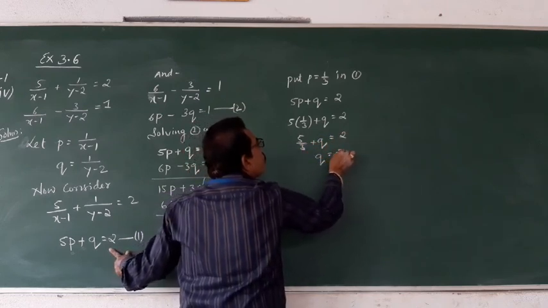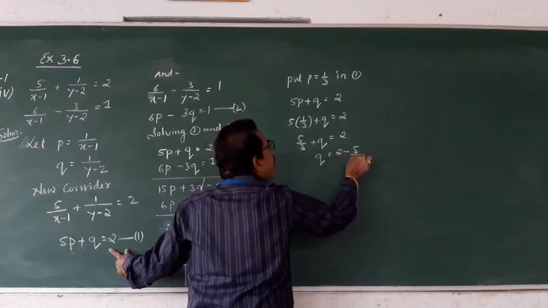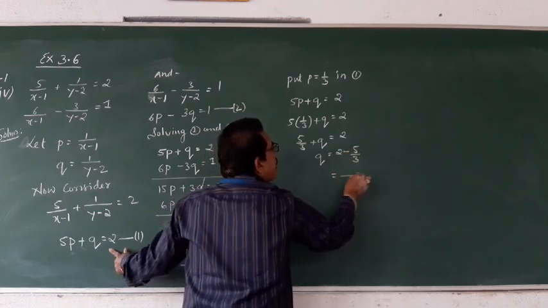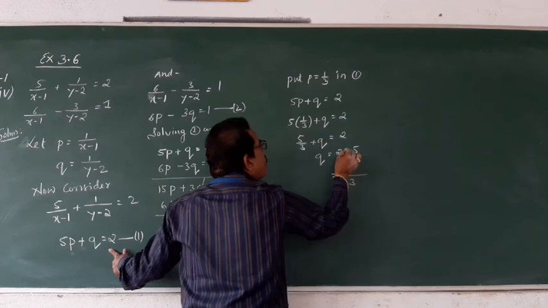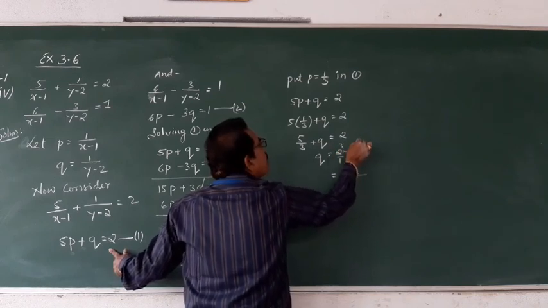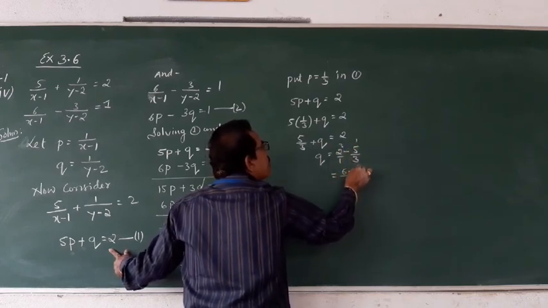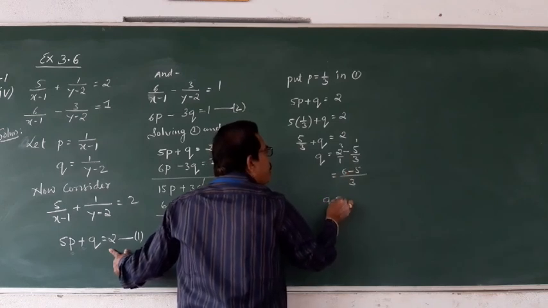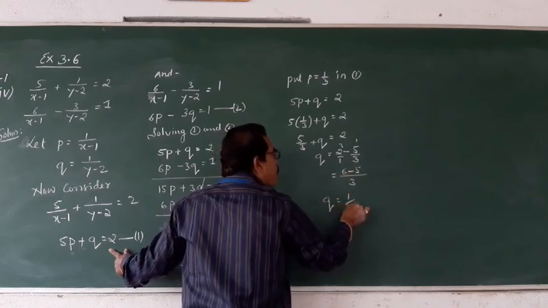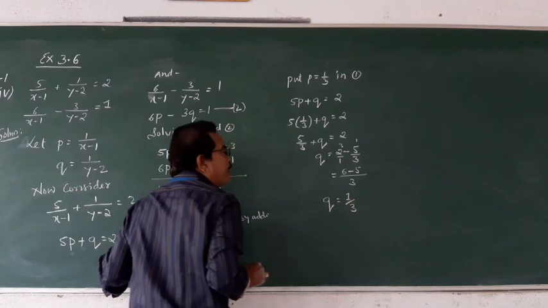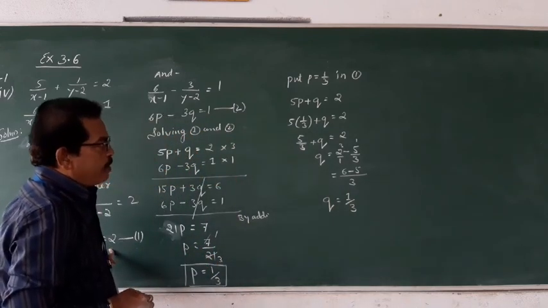Q equals to 2 minus 5 by 3. So LCM is 3. 1 3s are 3, 2 3s are 6 minus 5. Q equals to 1 by 3.